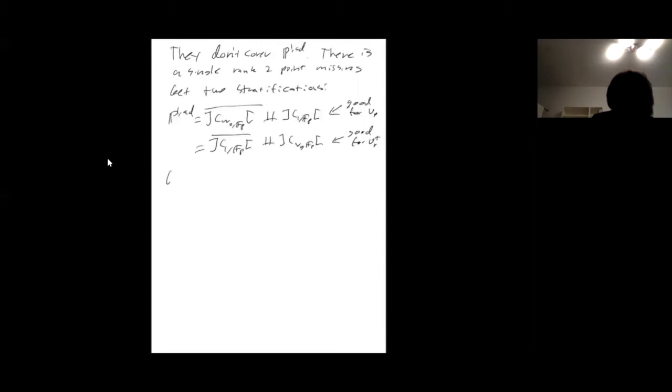So now what's the stratification in general? We find the stratification of the adic flag variety by closeds.